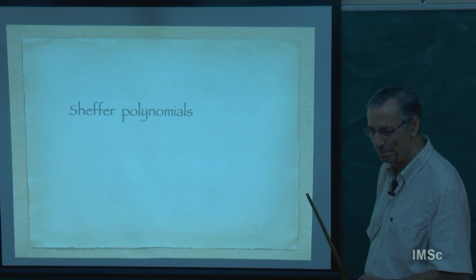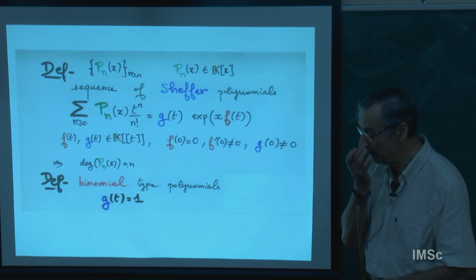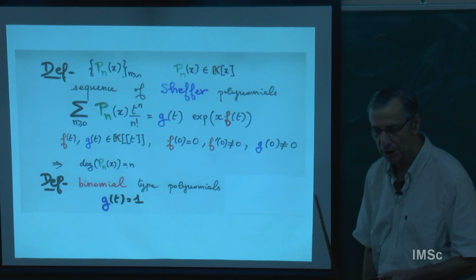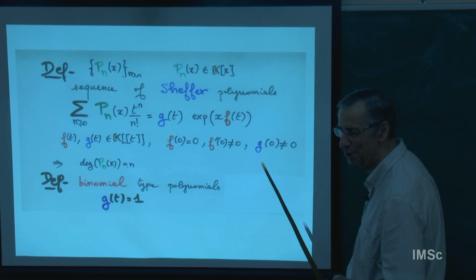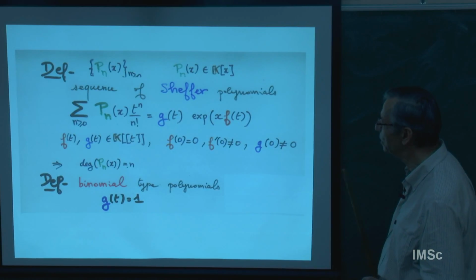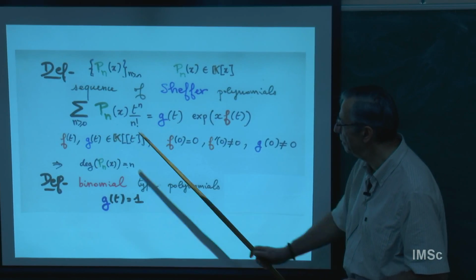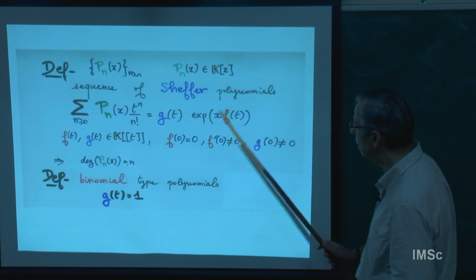Sheffer polynomials. This is a very classical subject, which is related to what Gian-Carlo Rota calls the umbral calculus. This is a whole theory, but I will just give a few elementary things. So for Sheffer polynomials, this is a possible definition: the generating function of Sheffer polynomials is of this form.